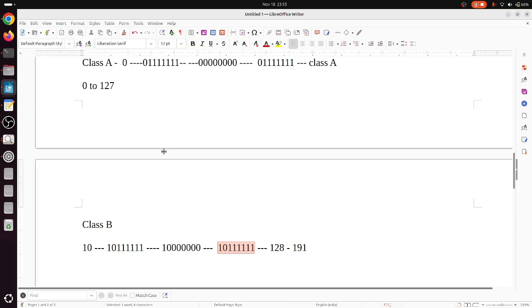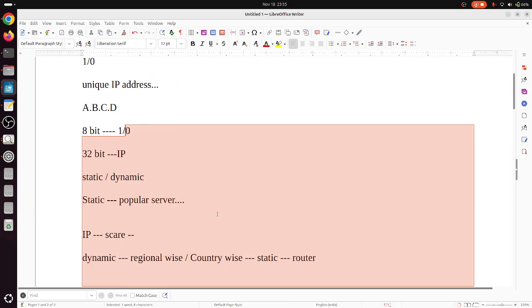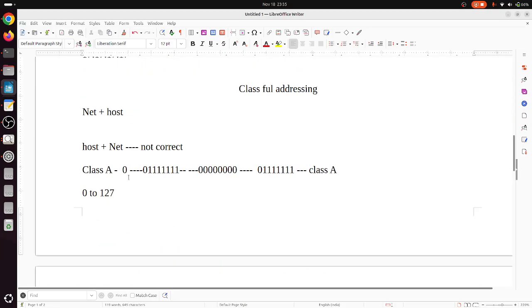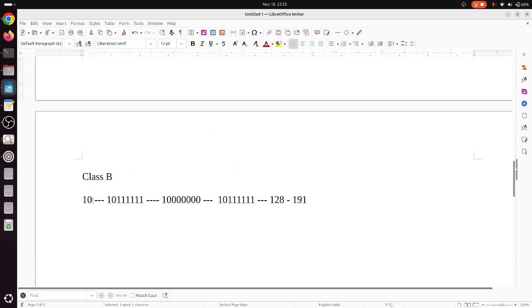So for class A, the MSB bit should be 0, and for class B the MSB bit should be 10, and for class C the MSB bit should be 110. So if I start with 110 to 110, this will be your number.